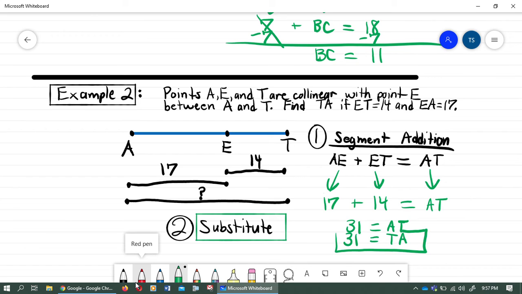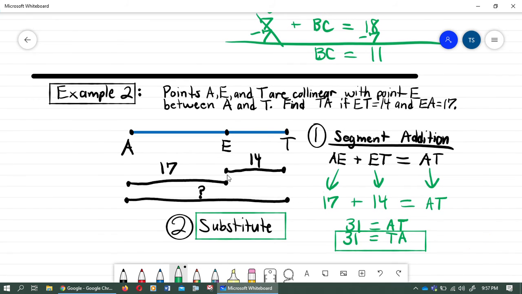We're going to look at a few more examples, and the next few examples are not going to involve actual numbers for the length. The next few examples we're going to look at have those lengths given as variable expressions. So instead of having stuff like 17 and 14, we'll have variable expressions.